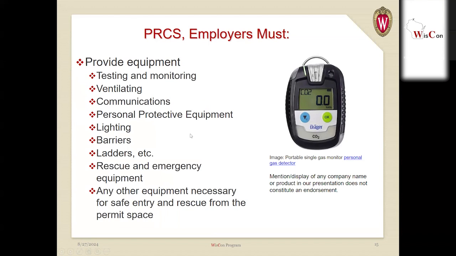We also need to have personal protective equipment, depending on what you're using when you're going into that space. Maybe it's respiratory protection. We also have lighting, barriers, ladders, rescue and emergency equipment if self-rescue is expected, and then any other type of equipment necessary for safe entry and rescue from that permit space.